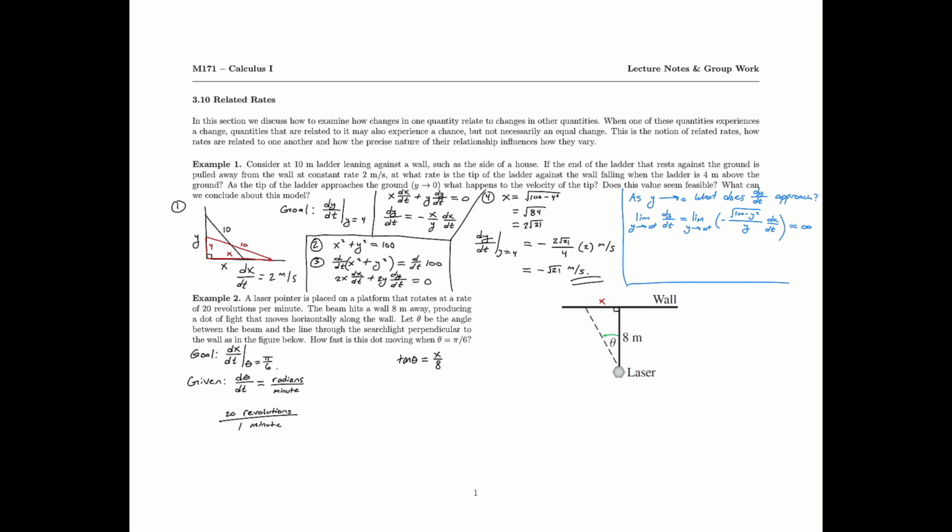Well, a revolution is not the same thing as a radian. There's a discrepancy. So in 1 revolution, how many radians are there? 2 pi radians all the way around. So these units cancel, and we're left with 40 pi radians a minute.